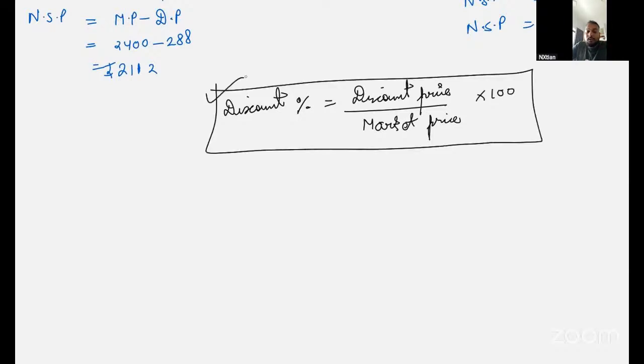This is the formula for the discount percentage. Discount percentage is discount price upon market price into 100.